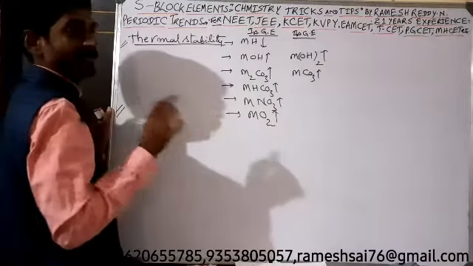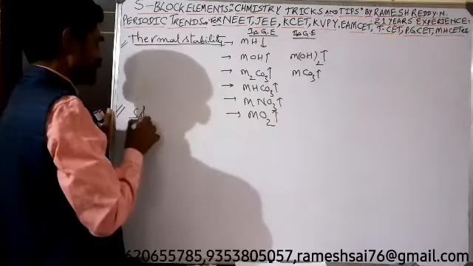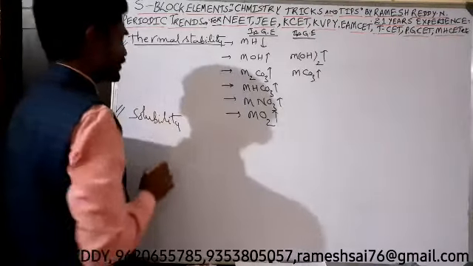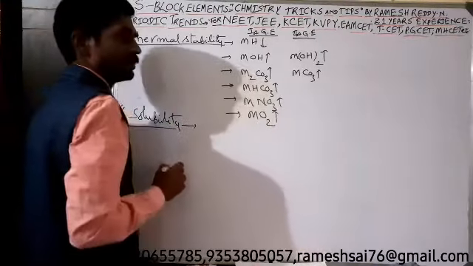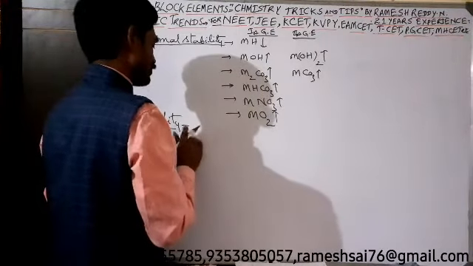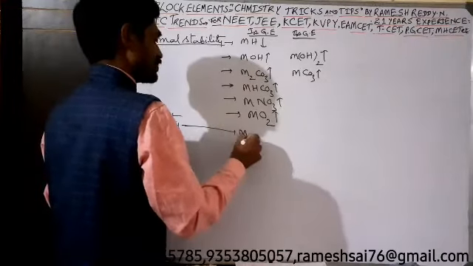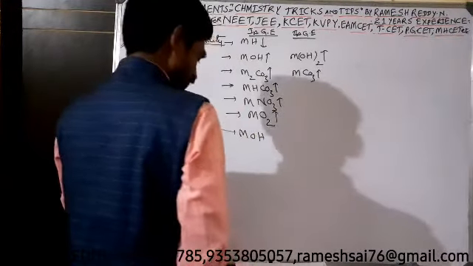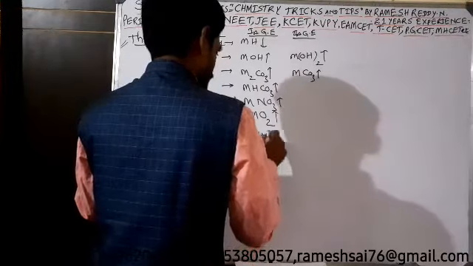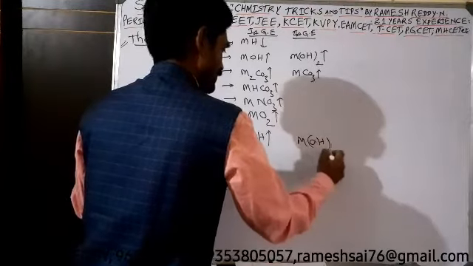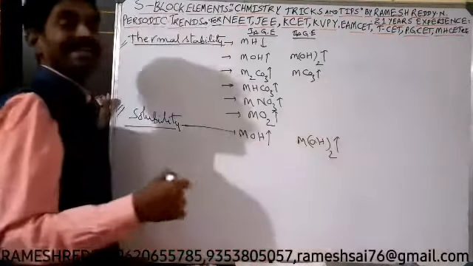Next, solubility. Solubility of metal hydroxides of first A group elements progressively increases, and second A group element hydroxides also increase.